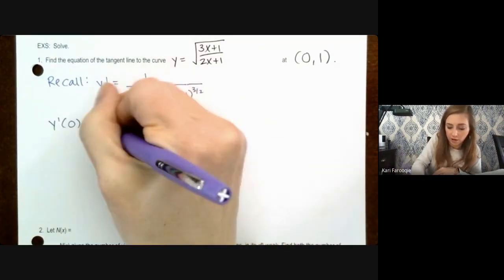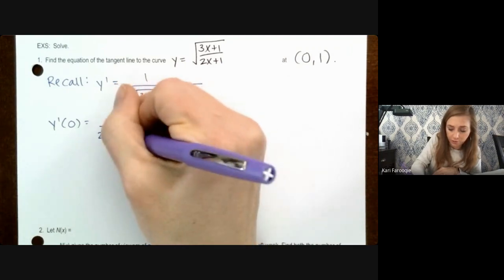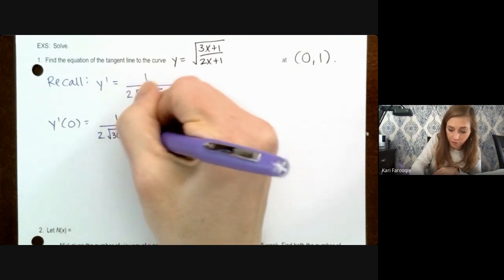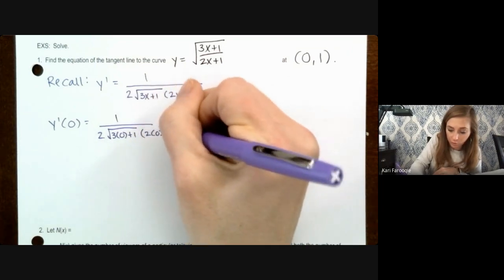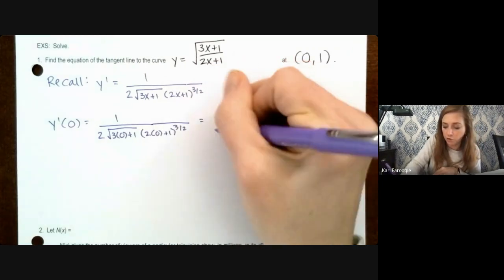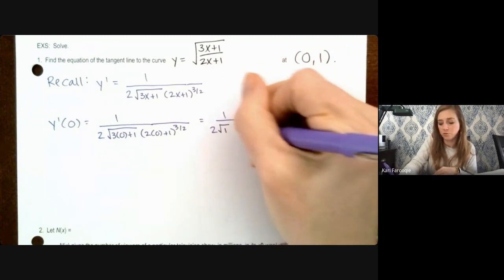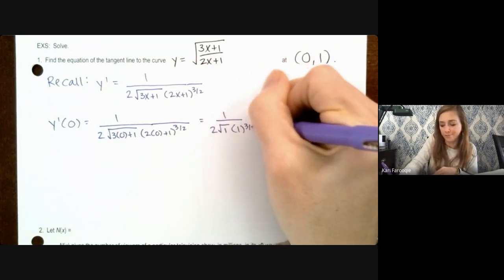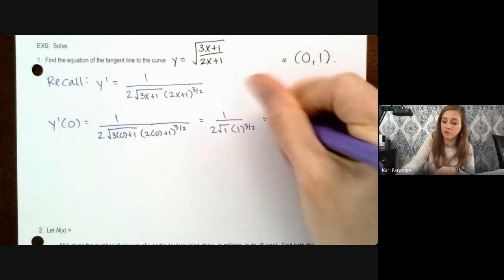So to do that, I'm going to take twice the square root of 3 times 0 plus 1 times 2 times 0 plus 1 to the 3/2 power, which is 1 over twice the square root of 1, and then 1 to the 3/2, which is still just 1. So your slope is a half.